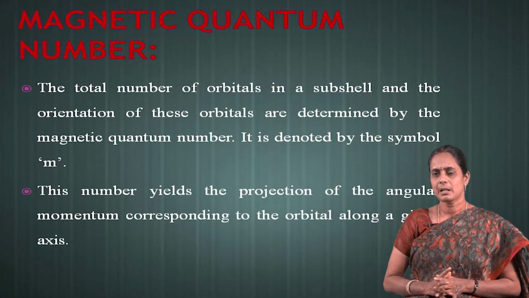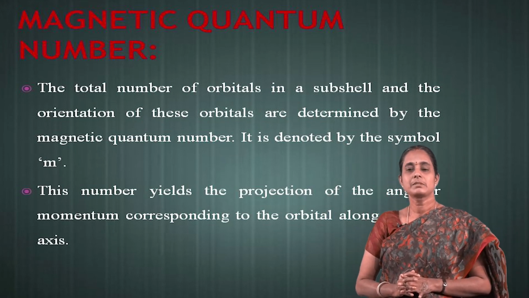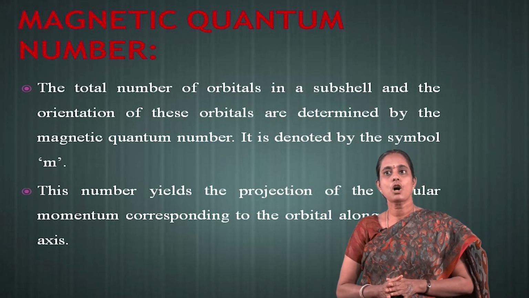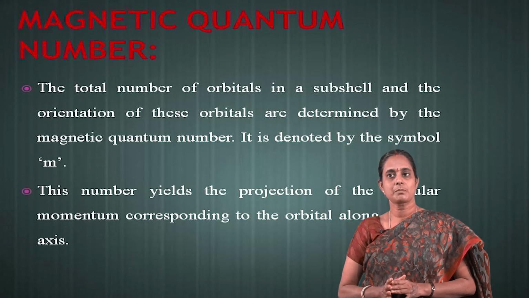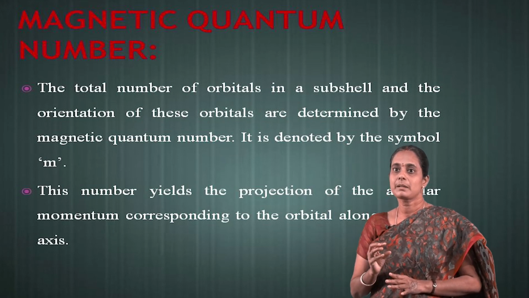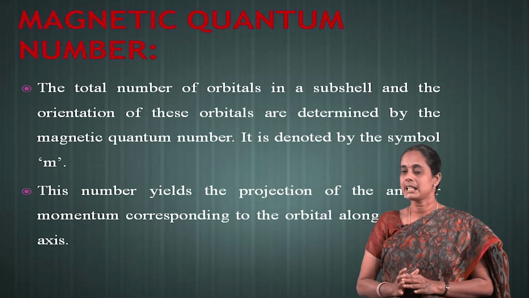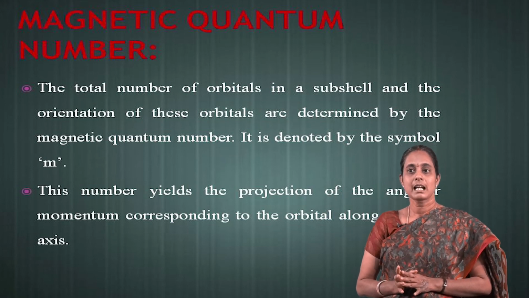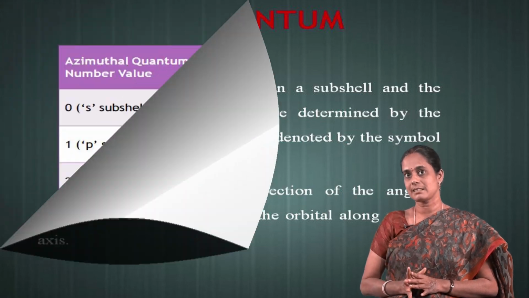Next we see the magnetic quantum number, denoted by the symbol m. The total number of orbitals in the subshell and the orientation of these orbitals are determined by the magnetic quantum number. This number yields the projection of the angular momentum corresponding to the orbital along a given axis.